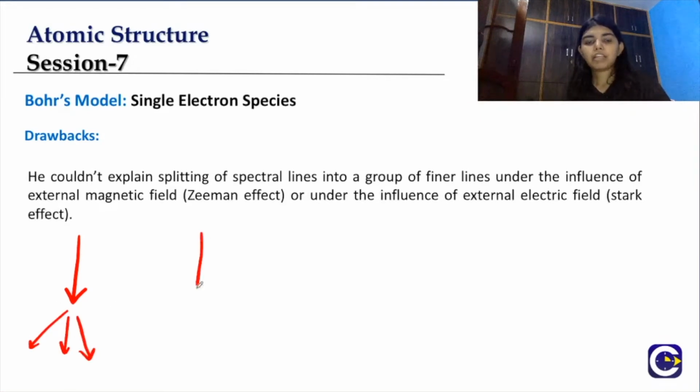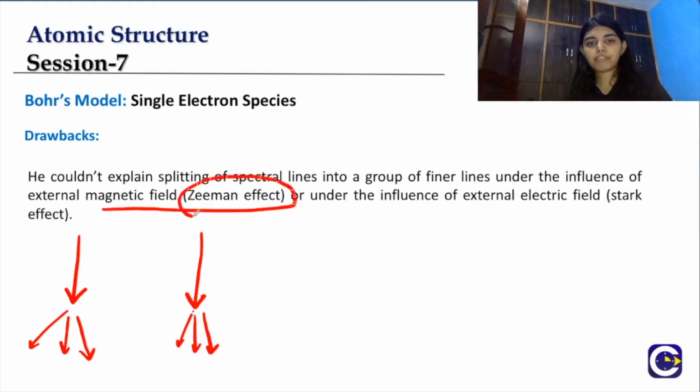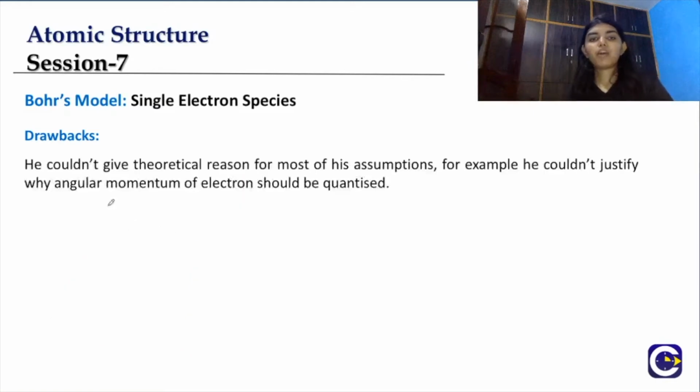Similarly, if you apply an electric field on the Lyman line, it also splits into various lines, right? If you apply a magnetic field, it is known as Zeeman effect. If you apply an external electric field, it is known as what? Stark effect, right? So he could not explain why these lines were being split by the magnetic field and the external electric field.